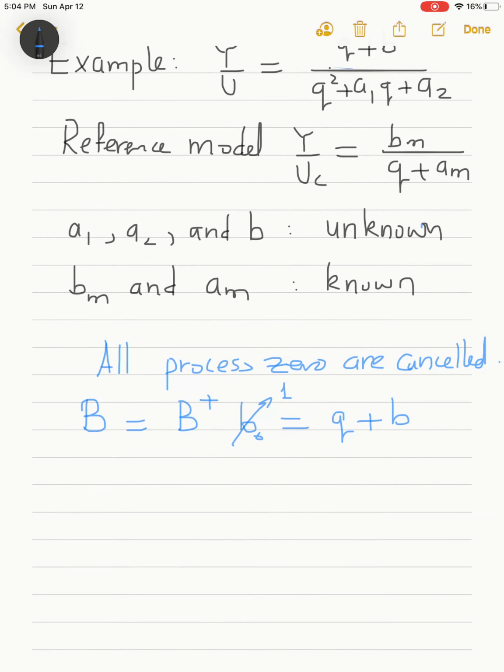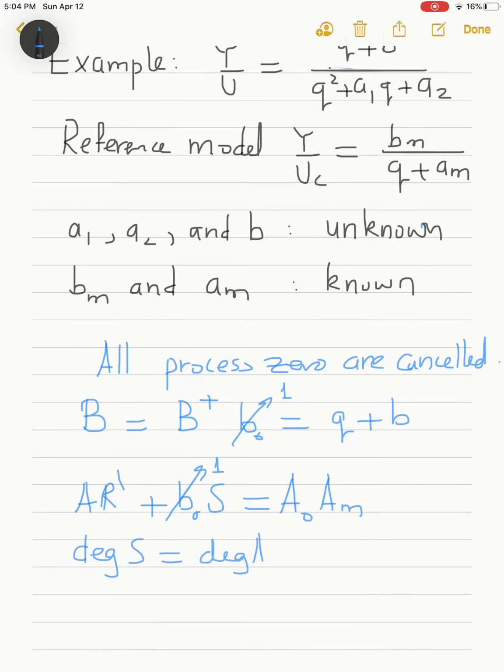Now if we consider the Diophantine equation, A R dash plus B node S equals A node times Am. Again, B node is equal to 1. Then the degree of S is equal to the degree of A minus 1, and that will give me 1.